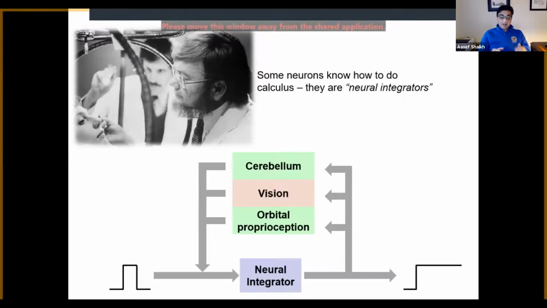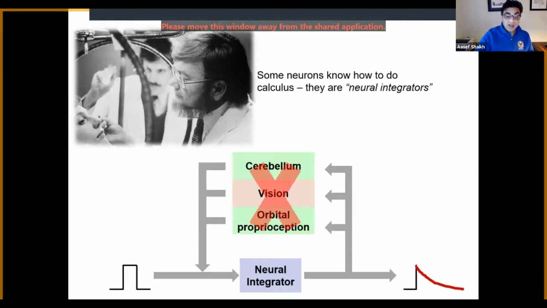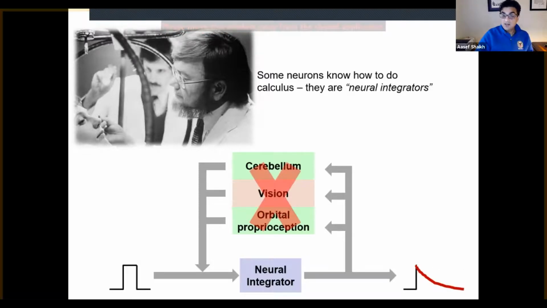That leak is absolutely not acceptable for the brain. So the brain gives feedback from different sources, which corrects the leak and improves the fidelity of the neural integrator. It turns out that these are the cerebellum, vision, and orbital proprioception. If you remove any of these, then you will see the leak.